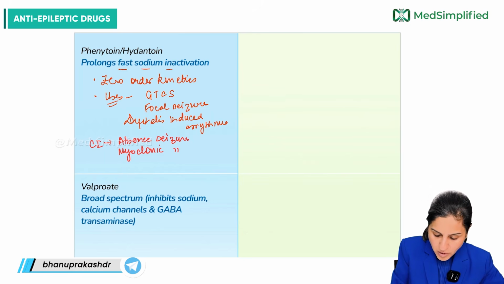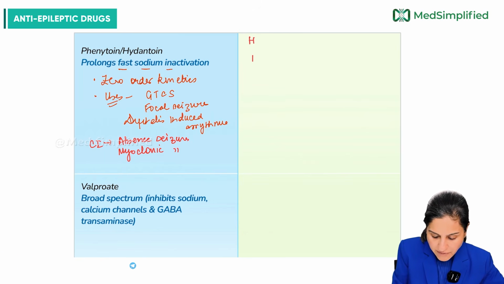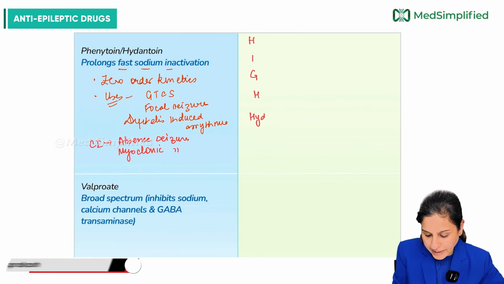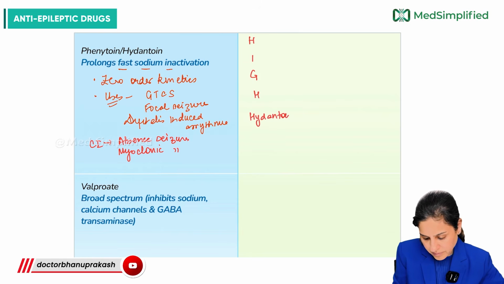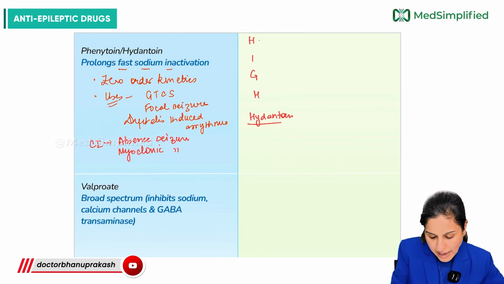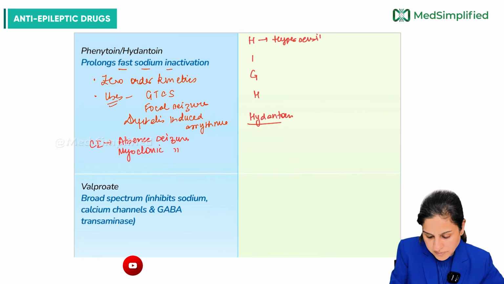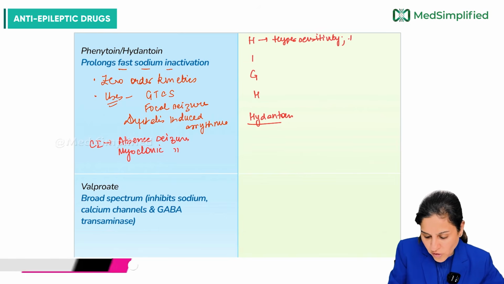Moving on to the various adverse effects of this drug, very important. So remember a mnemonic here: hydantoin. H stands for hypersensitivity reactions, and H stands also for hemorrhage.